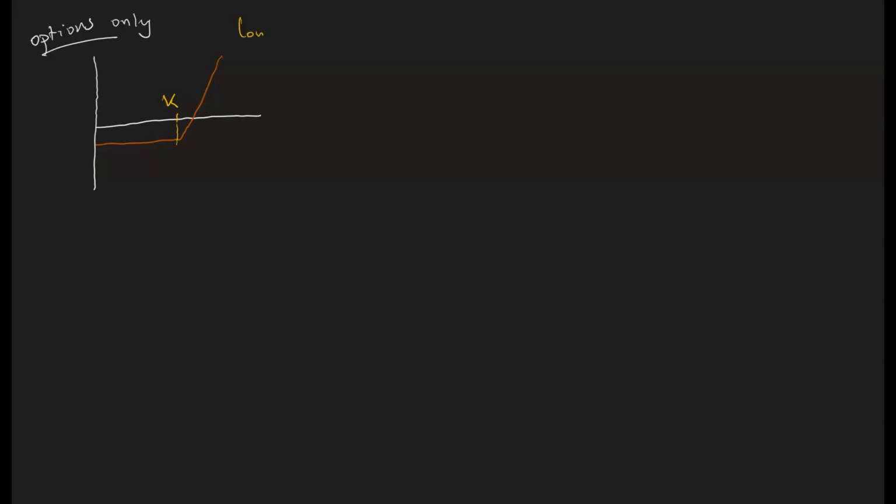This would be our long call, and this is our stock price here. What we're going to have here as a payoff would be the maximum of the stock price ST minus the strike price, and 0.